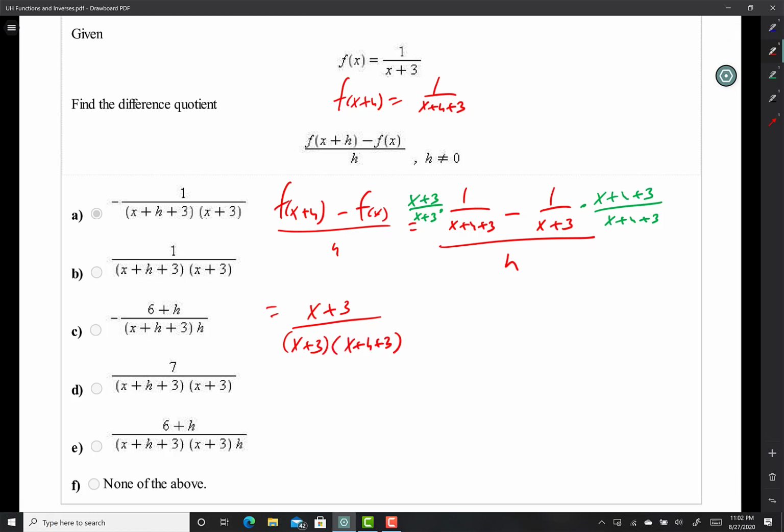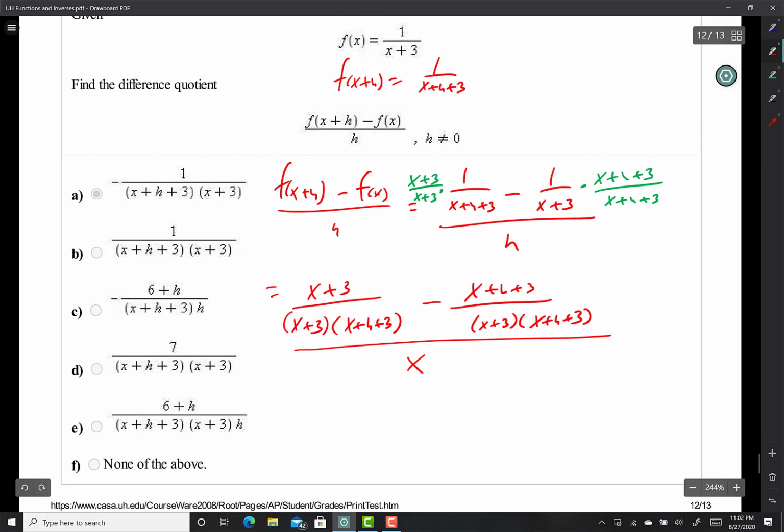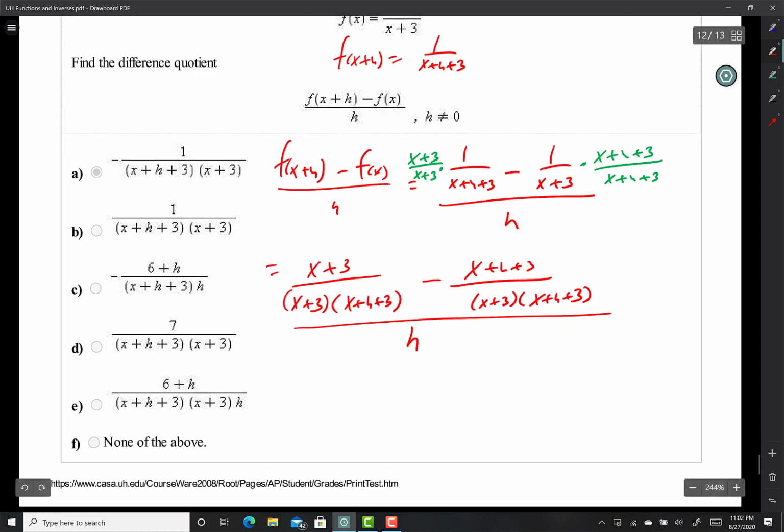And then on the other side, you're going to get minus x plus h plus 3 over (x plus 3)(x plus h plus 3). And all that is still over h. Sorry, guys. It's getting late here.